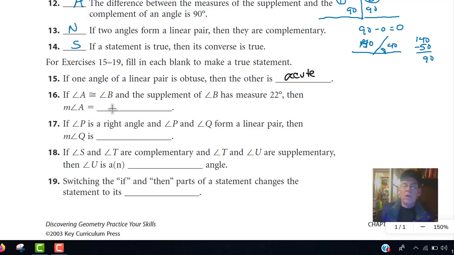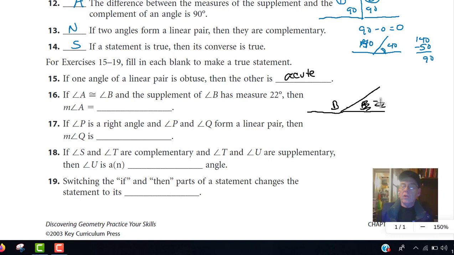If A is equal to B, and the supplement of B is 22, okay, so if angle B, let's draw this out. So I'm going to draw an angle B. So here's angle B. And it says that the supplement of B is 22 degrees.